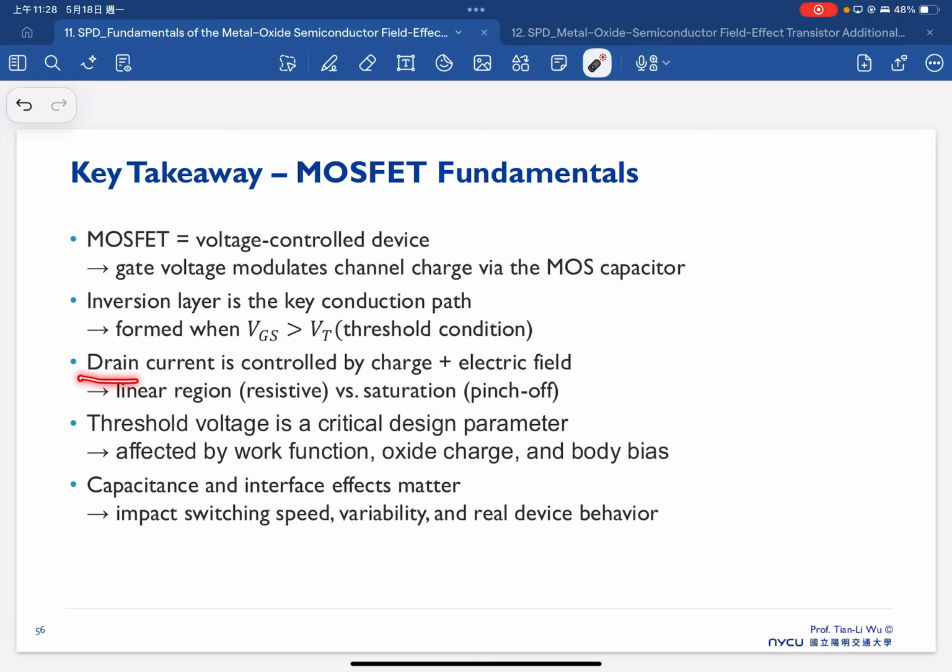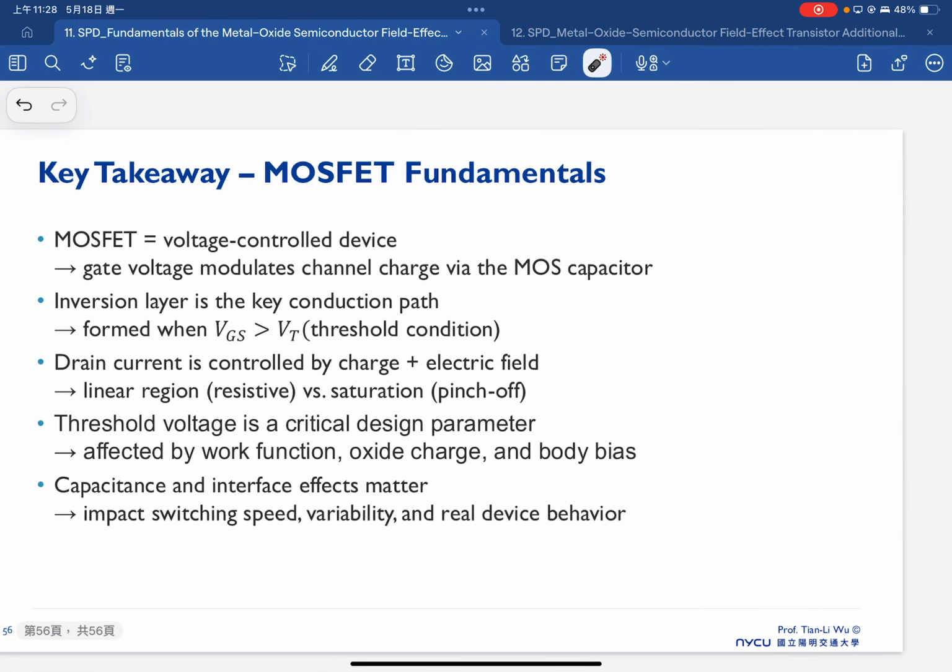The drain current is mainly controlled by charge and electric field, and we have the linear region and saturation region. Threshold voltage is also very critical, and in the end the capacitance and interface effects also play a certain role in determining the MOSFET behavior. So that's the end of this chapter.